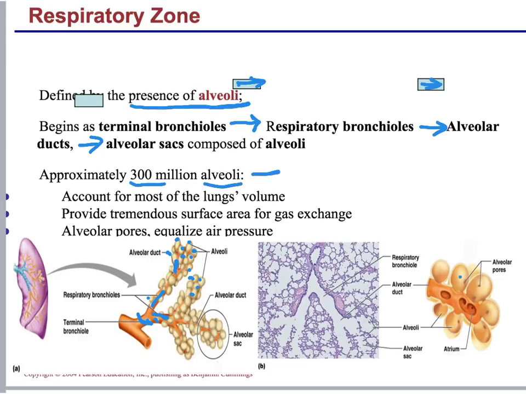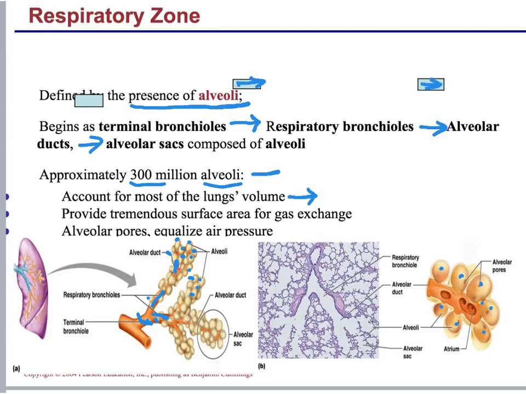Because these are air sacs with a great amount of elastic fibers, the lung tissue is very light, highly porous, and extremely elastic. So these alveoli make up most of the volume of the lung tissue.